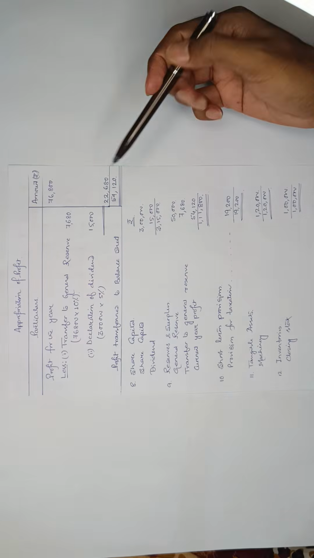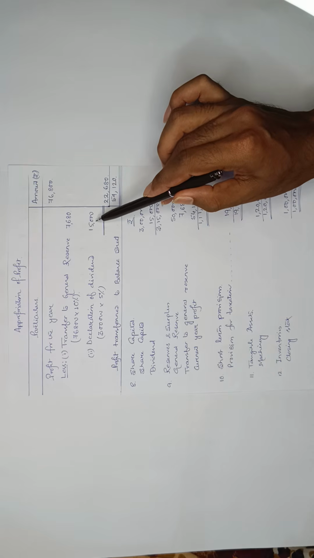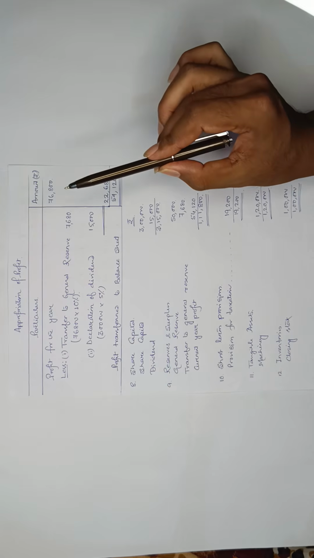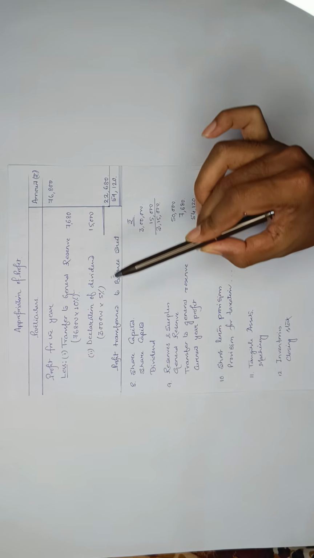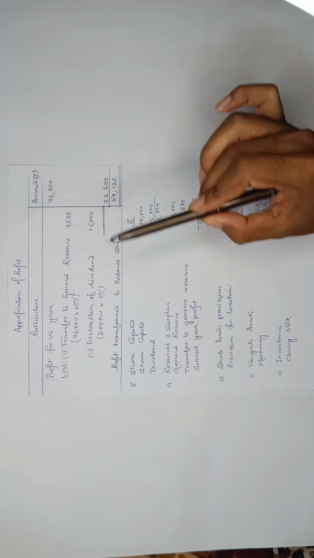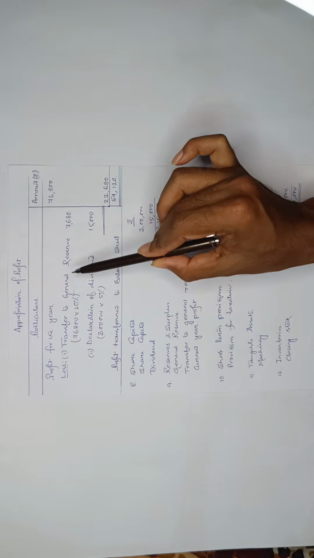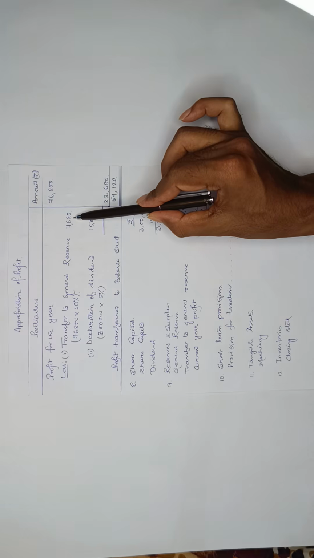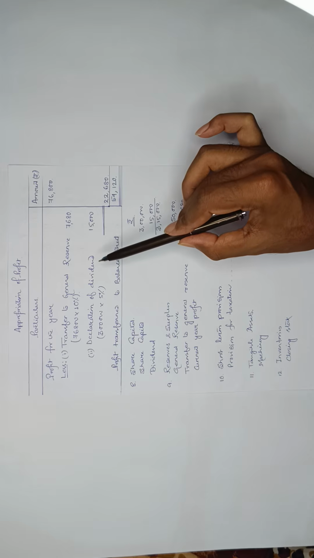The question is whether transfer to general reserve should come first or declaration of dividend should come first. You need to understand this very carefully. After transferring the profit to general reserve, whatever amount is left, that amount should be declared as dividend. Here I have first transferred 10% of this amount to general reserve, which comes to 7,680, and then I have calculated the amount of dividend.